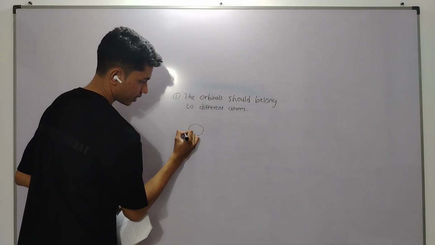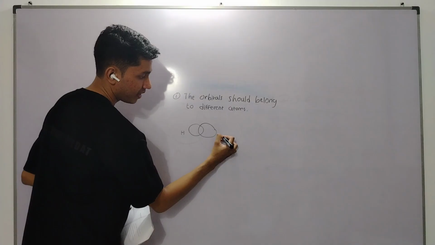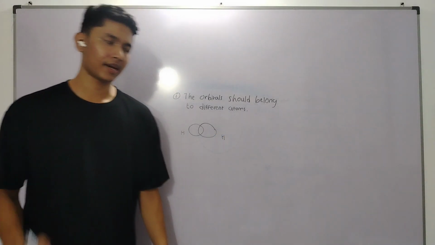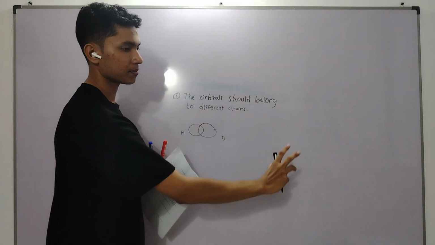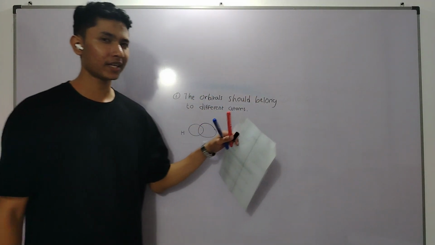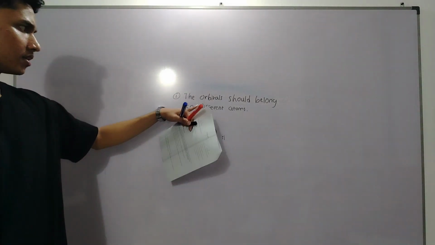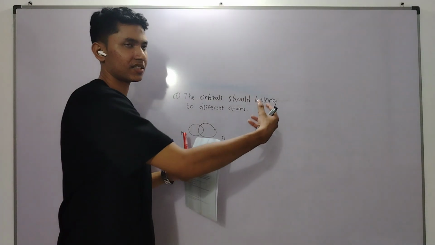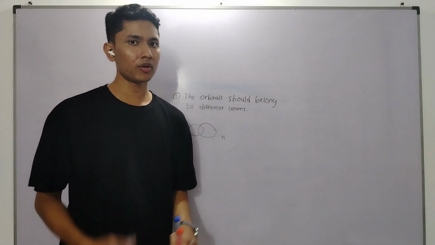This should overlap with the orbital of another hydrogen atom, not the same atom. The orbitals should belong to different atoms. If I take another example and explain, you will confuse yourself. Just remember, the orbitals should belong to different atoms. Two different atoms only form a bond.